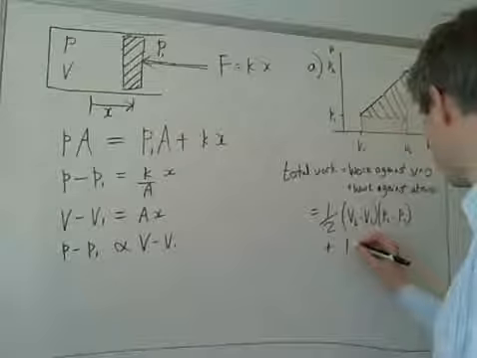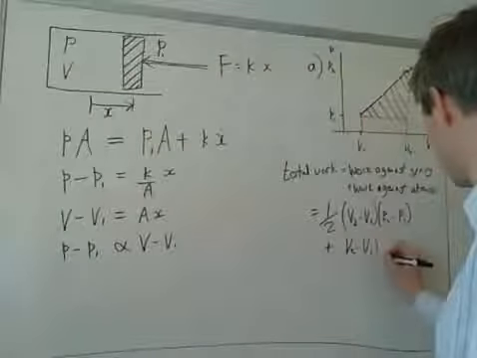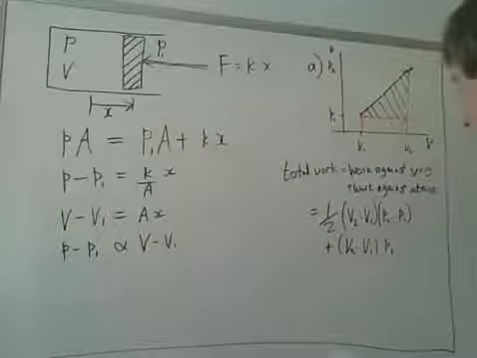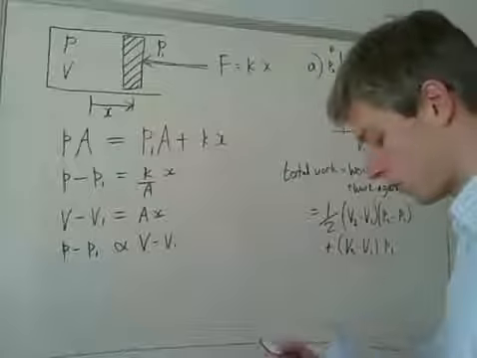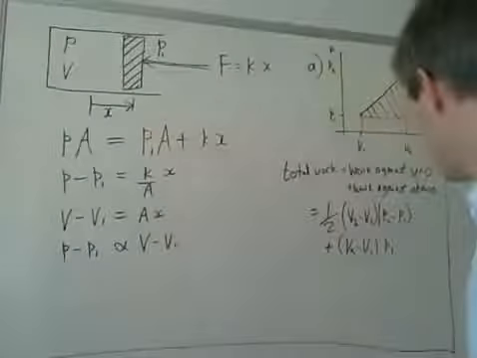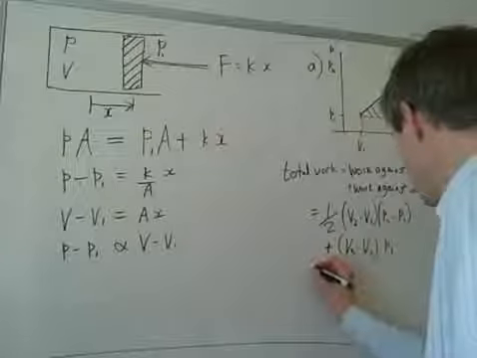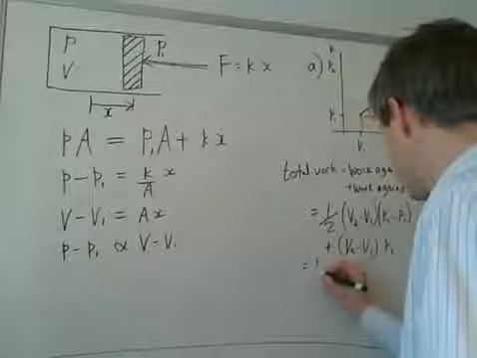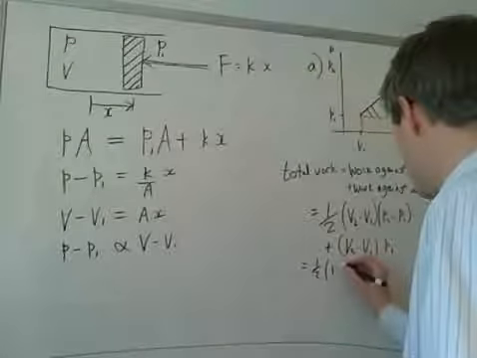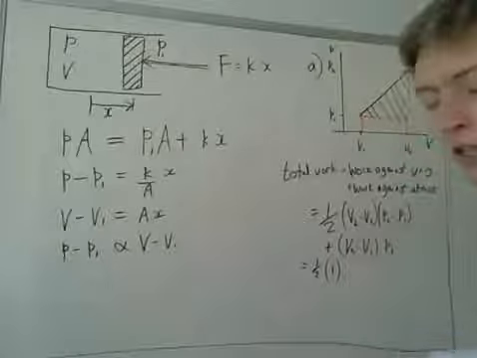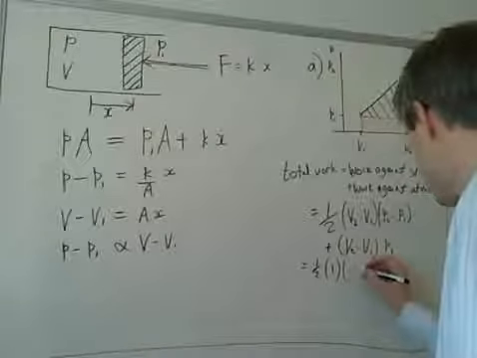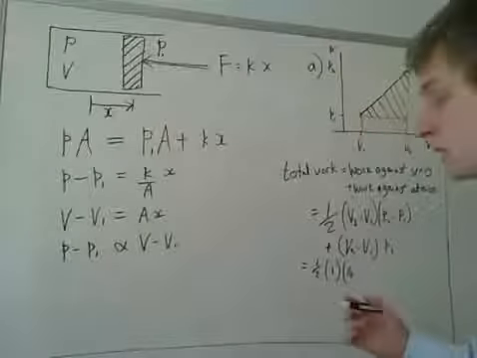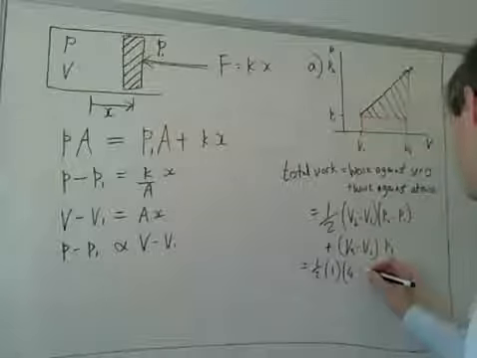Now we'll put the numbers in, and we recall that the volume changes from 1 to 2 meters cubed. So that's 1 meter cubed change in volume. Change in pressure goes from 1 to 5, so that's a change of 4 bar, and we need to convert that into pascals to work in SI units.